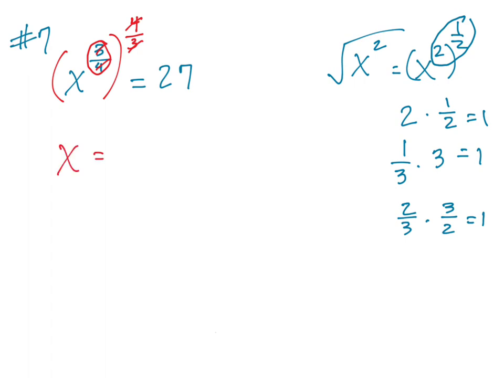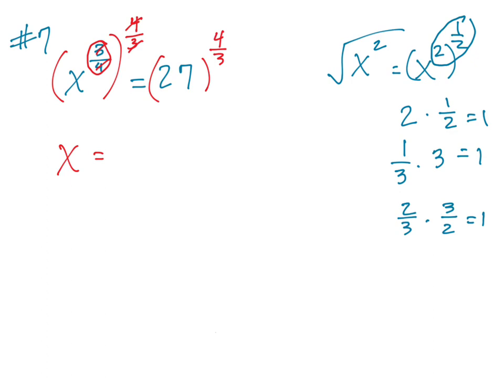This problem will fall off the boat if you don't raise the 27 also to the 4/3 power, right? What I do to one side, I have to do to the other. Again, we're not multiplying by 4/3. We are raising 27 to the 4/3 power.